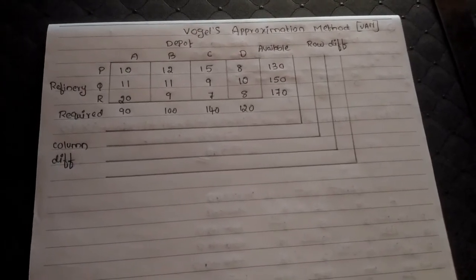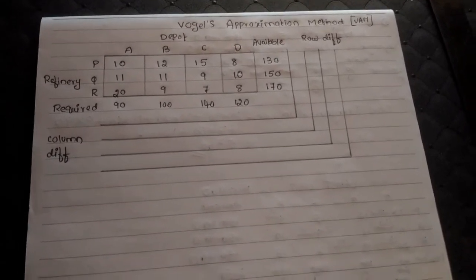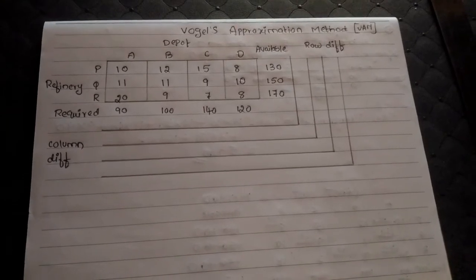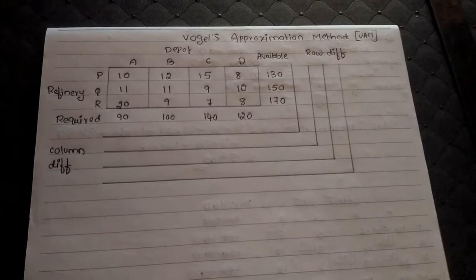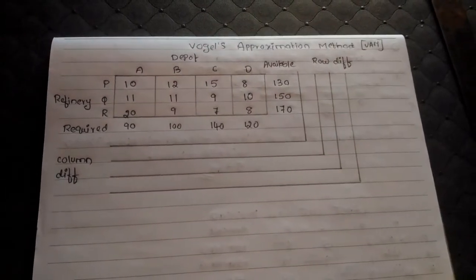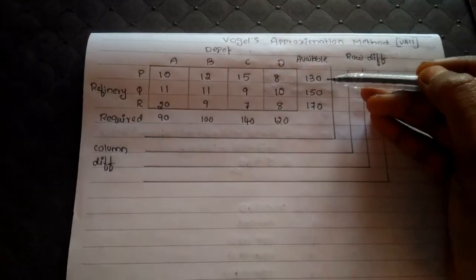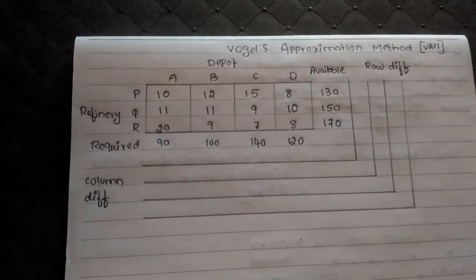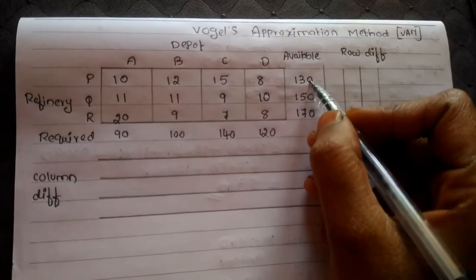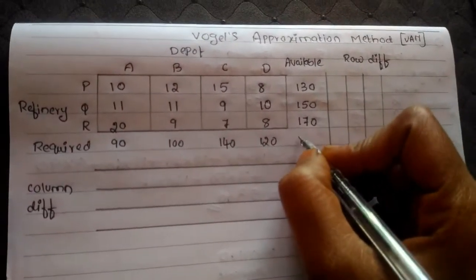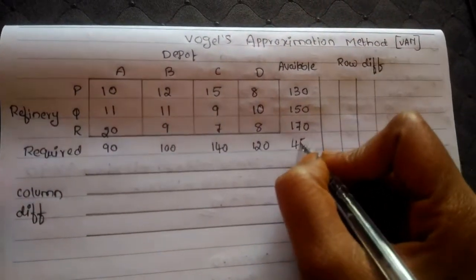In a similar way, first we have to find out if the given transportation problem is balanced or unbalanced. We are using the same steps, where we take the sum of all the availability, that is 130 plus 150 plus 170, which is 450.